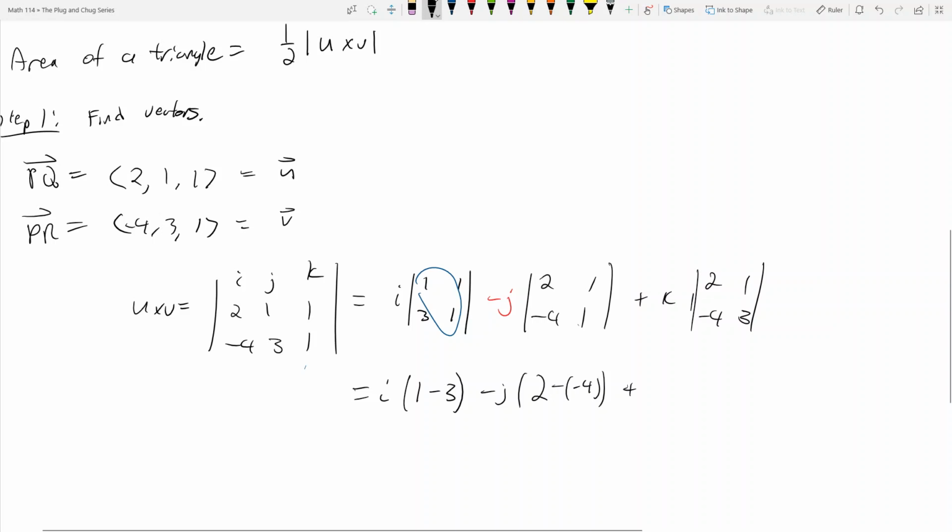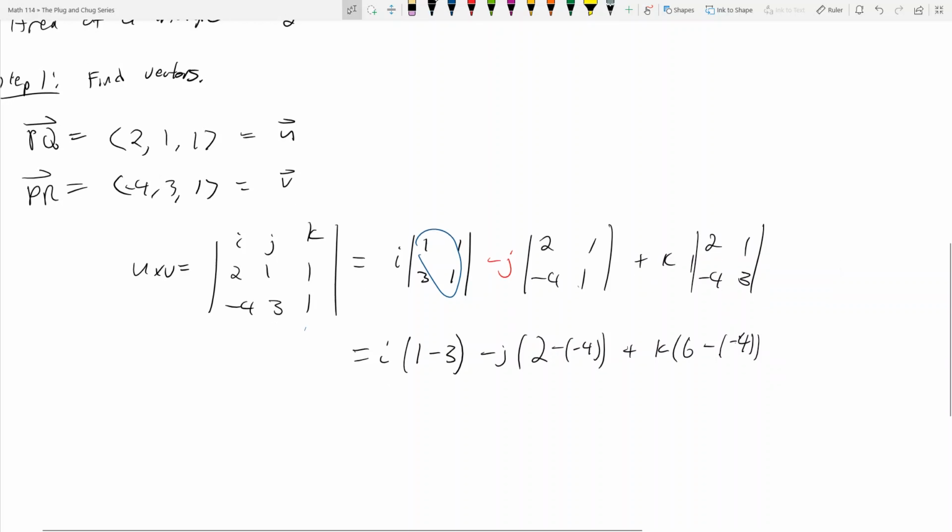And then plus k times 2 times 3 is 6 minus a negative 4. Right? And so that's how you calculate these 2 by 2 matrices here. It's called taking the determinant. So you just take the diagonal minus the guy going up, okay?